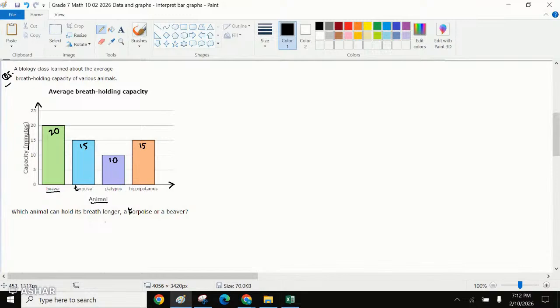A tortoise. It's a tortoise, right? A tortoise or a beaver? Which animal? So when we compare this, beaver was 20 and a tortoise was 15, right? That means we know that 20 is greater than 15, and 20 was for the beaver.